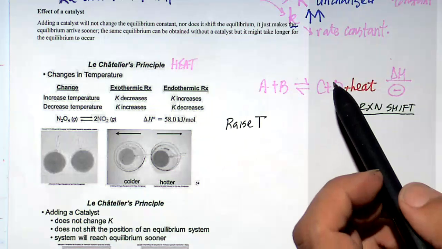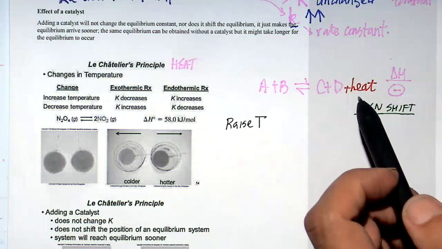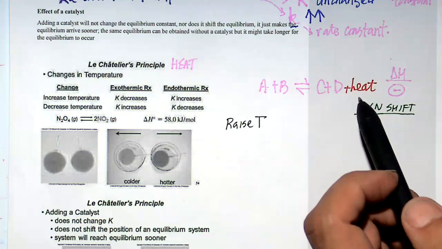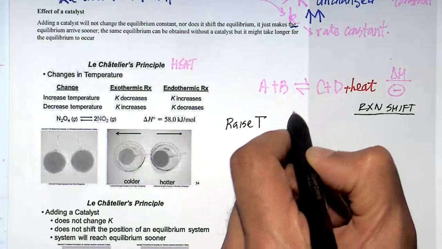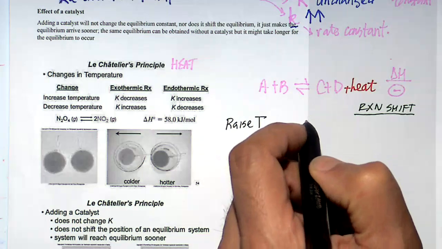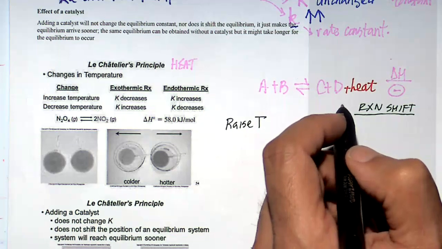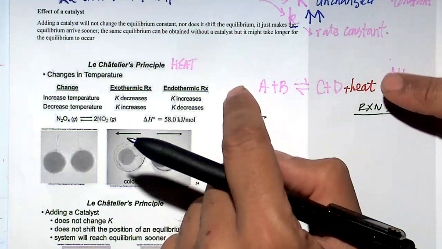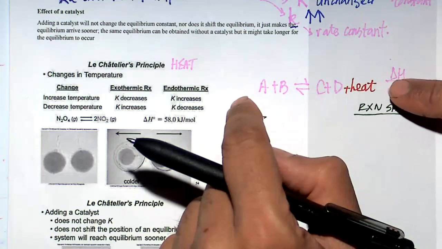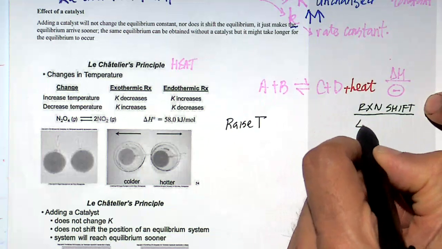Heat. So if I'm adding heat, what will the equilibrium reaction do? Remember, it does the opposite. So it will go to the side that has less heat, right? So which side has less heat? The reactant side or the product side? Reactants. This reaction will shift to the left.